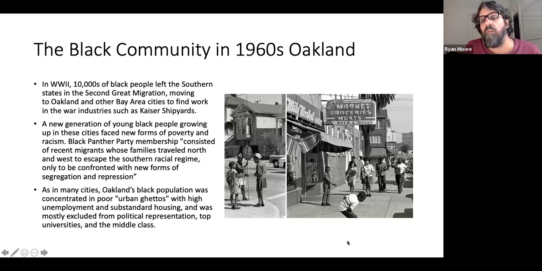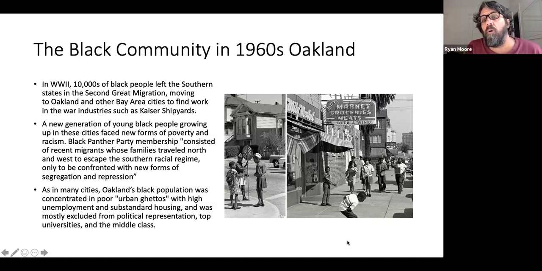So you have to understand the whole promise of both the first and the second Great Migration was that people could leave the repression and violence and racism of the South and start a new life, like in California.